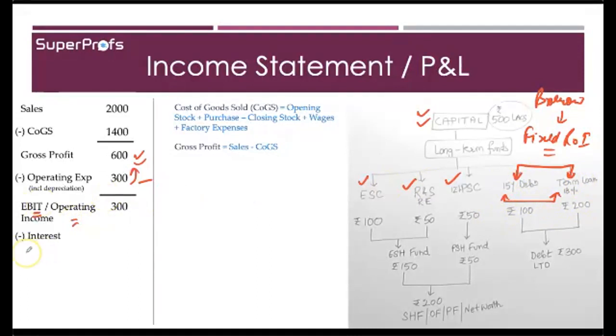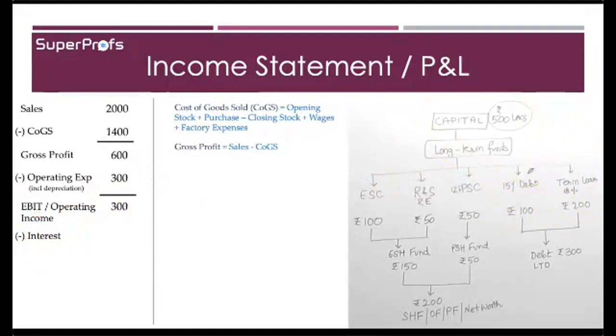How do you calculate this interest? The numbers are already mentioned here. So 15% of 100 lakh rupees. Similarly, 18% of the funds that they had given, that is 200 lakh rupees. So 15% of 100 lakh will be 15 lakh rupees.